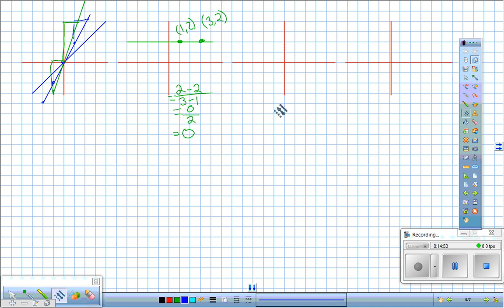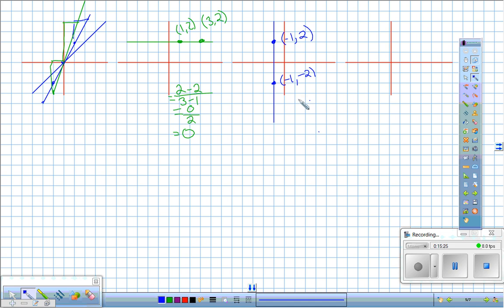And then it talks about a vertical line. Vertical lines and horizontal lines have totally different slopes, and don't get them confused with each other. So if I have, we'll say this is -1, -2, and this is -1, +2.